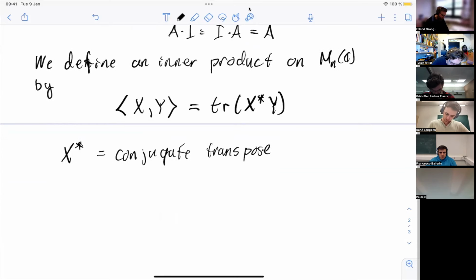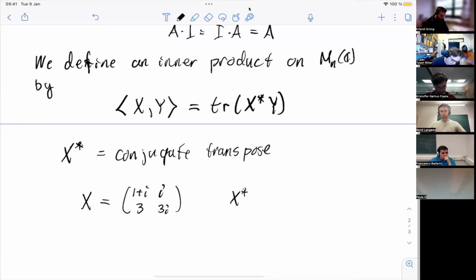So meaning that if I, for example, have X being equal to the matrix with entries 1 plus i, 3, 3i, then the conjugate transposed is the result of taking the transposed and conjugating all of the elements.